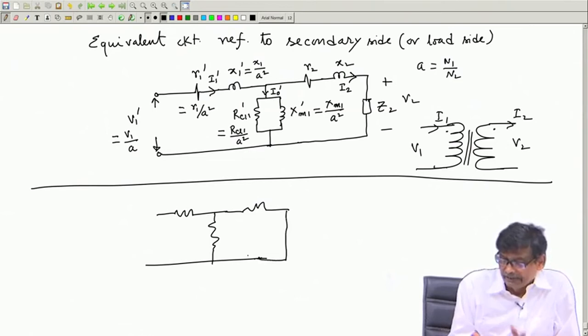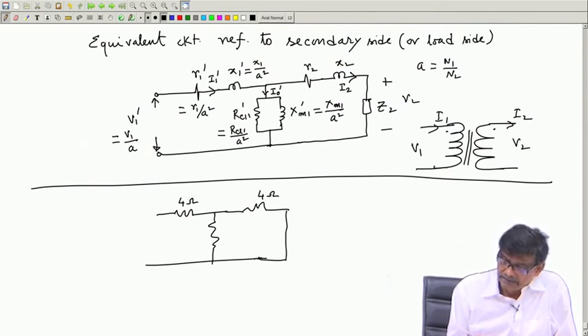Suppose this is 4 ohm, this is 4 ohm, and this is 80 ohm. So, this impedance is 20 times higher than this.